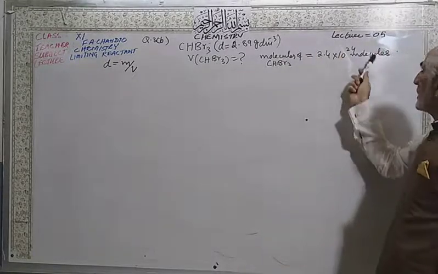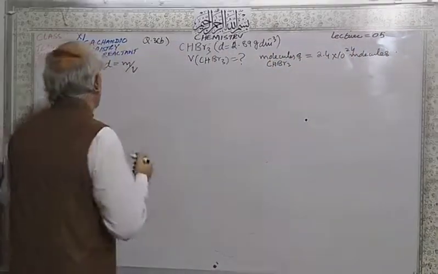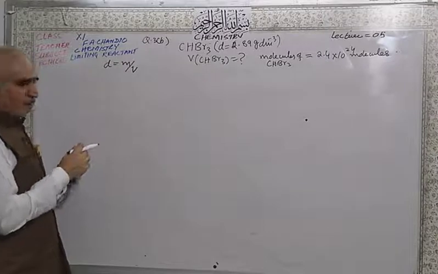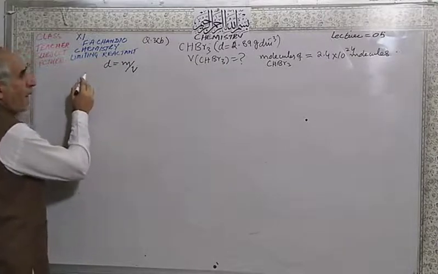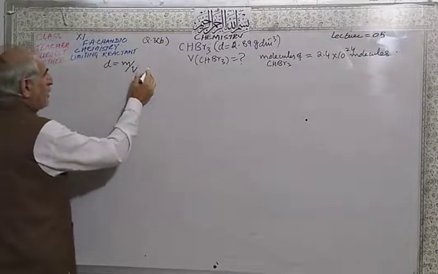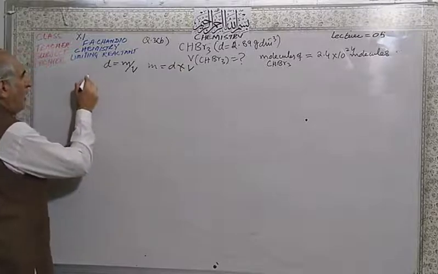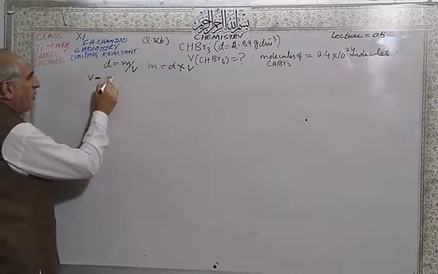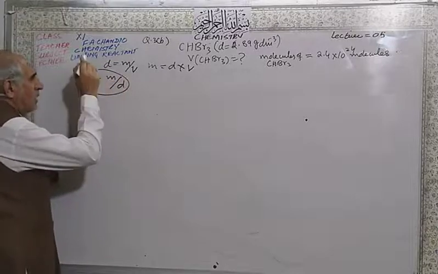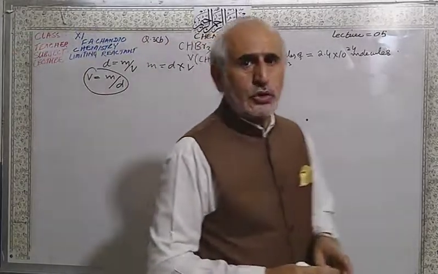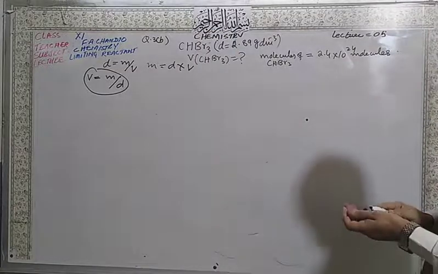So from this you can calculate the mass. M will be equal to D into V, and V will be equal to M over D. This is the formula you have to use.